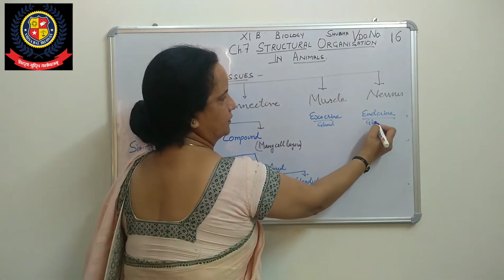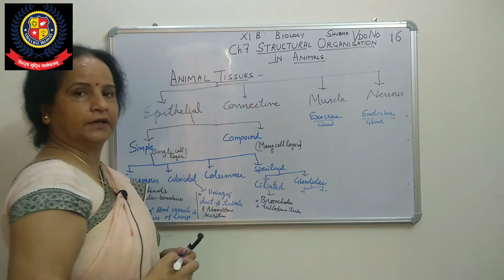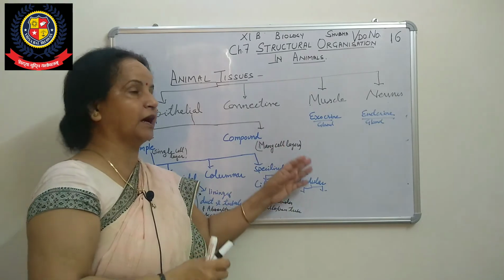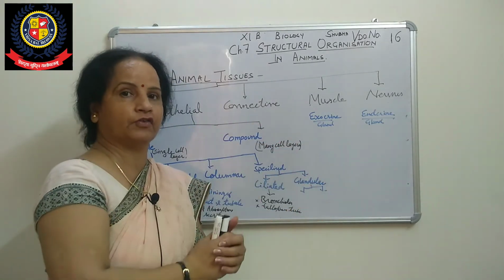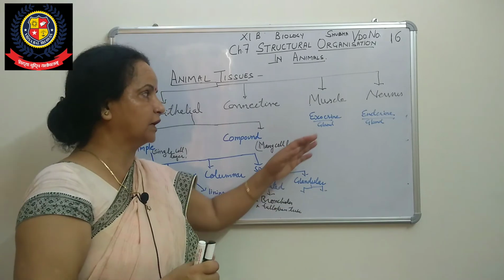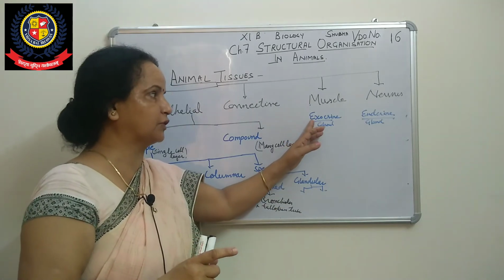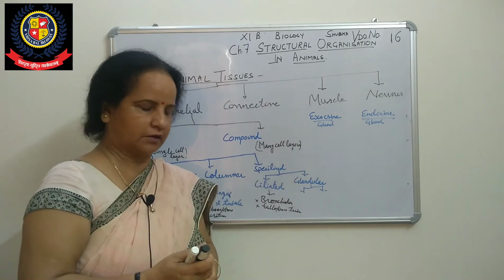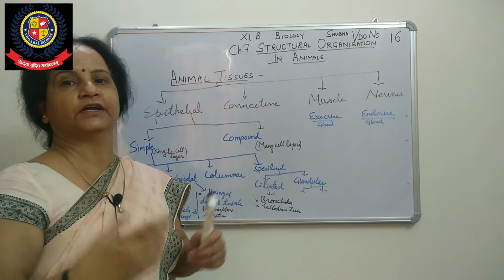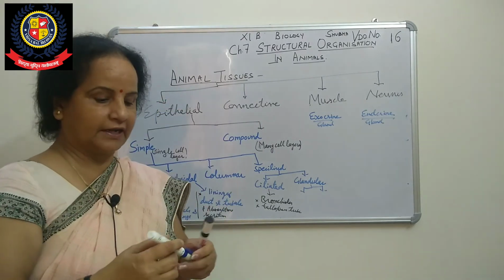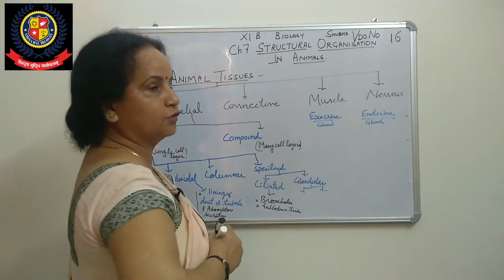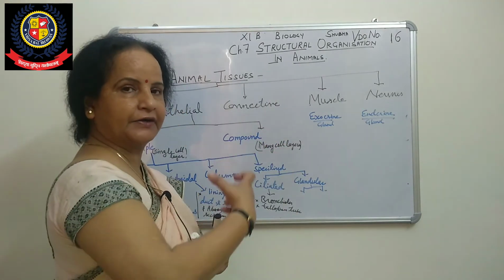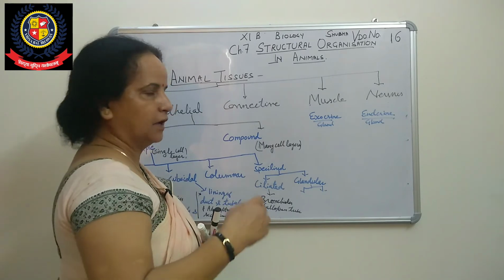So on the basis of the manner in which they pour their secretion in the body where it is required, we call them exocrine and endocrine. First, the exocrine: they have a duct, a tubular part, and whatever they secrete is poured through this pipeline, just like arteries and veins.